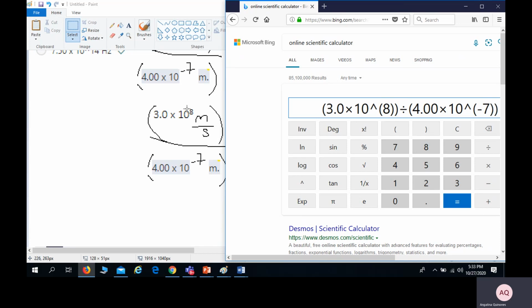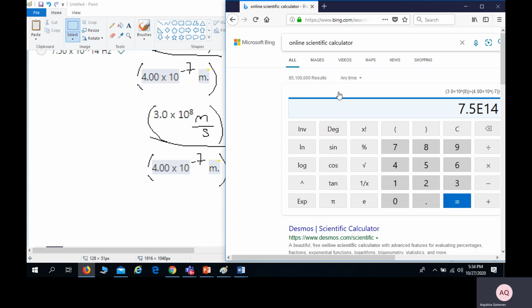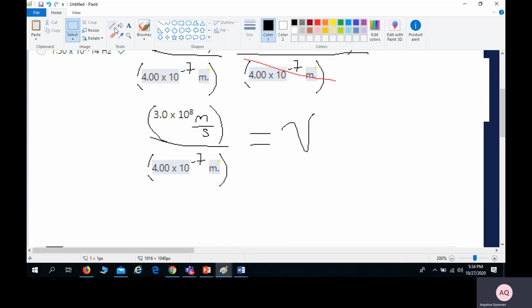So again, this divide by this, and that's going to give you 7.5 times 10 to the power of 14. Okay, and again, this equals frequency.